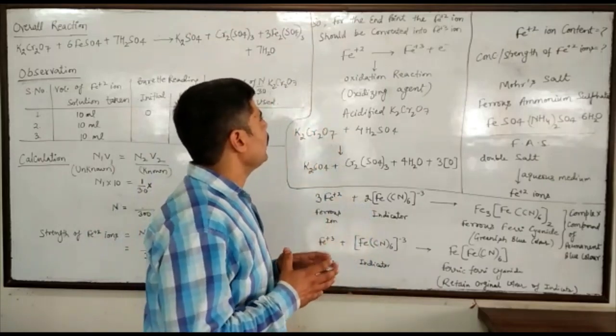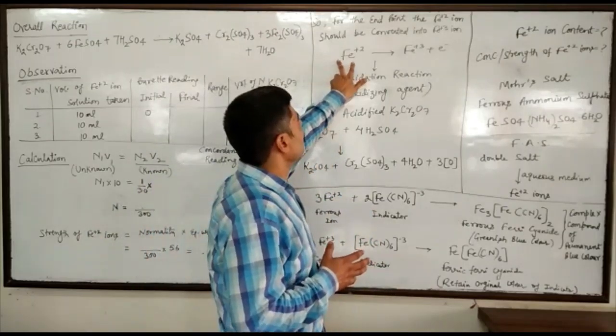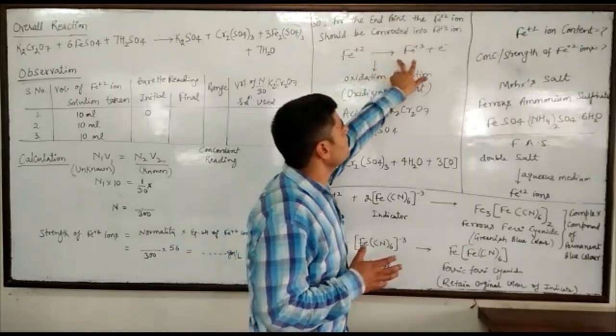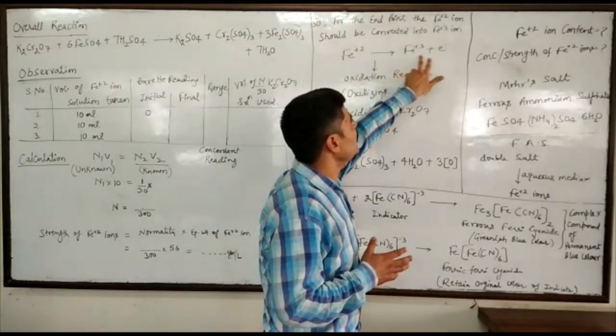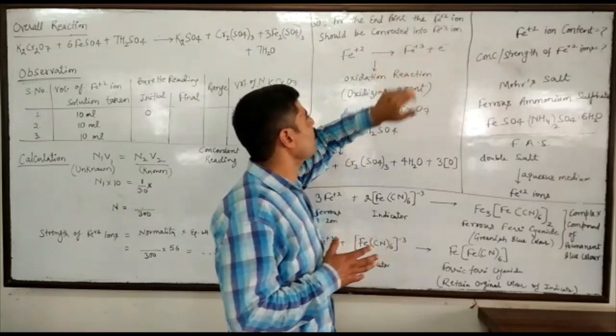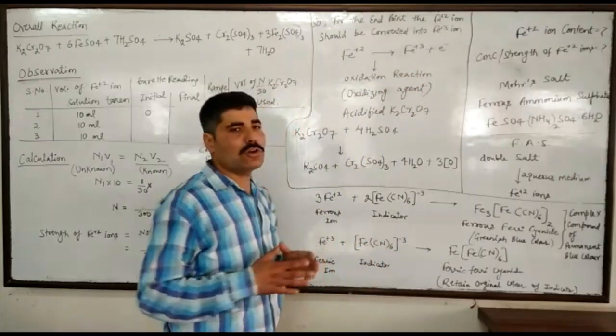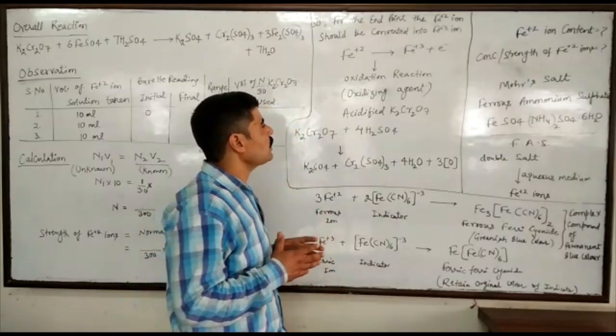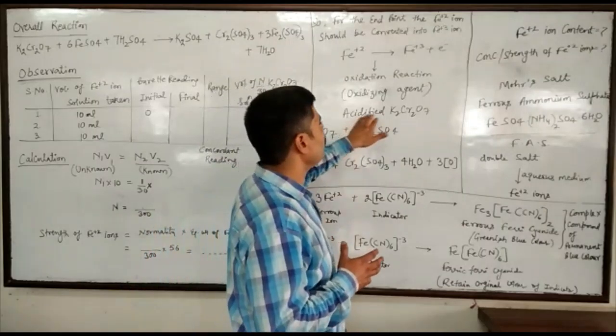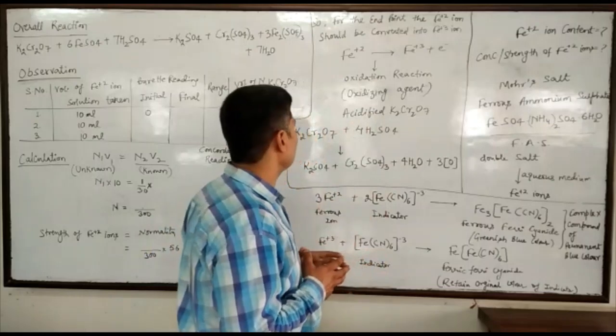So our object is to convert Fe+2 into Fe+3 ion, and this takes place with the release of an electron, and this is called an oxidation reaction. And for the oxidation reaction we need an oxidizing agent. In this titration we are using acidified potassium dichromate as an oxidizing agent.